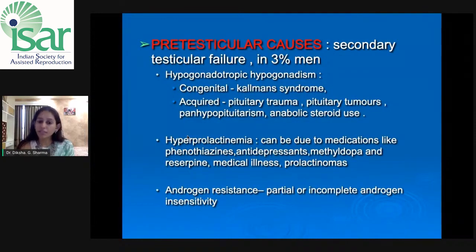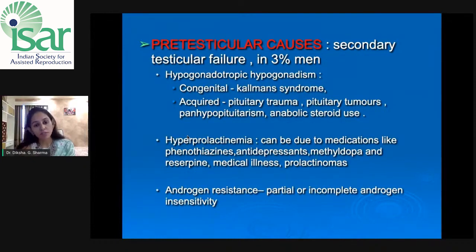If such men come to you, you can test for the specific gene mutation to confirm the diagnosis. The acquired causes of hypogonadotrophic hypogonadism can be pituitary trauma, pituitary tumors, panhypopituitarism, or use of anabolic steroids.